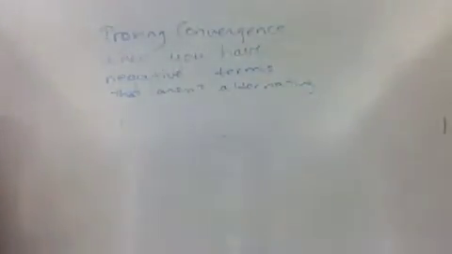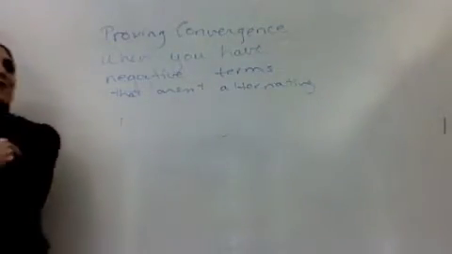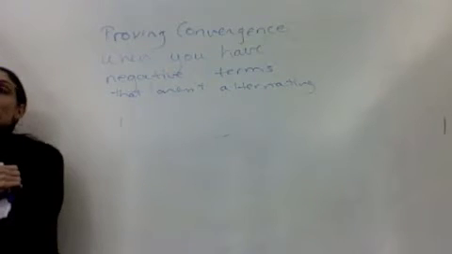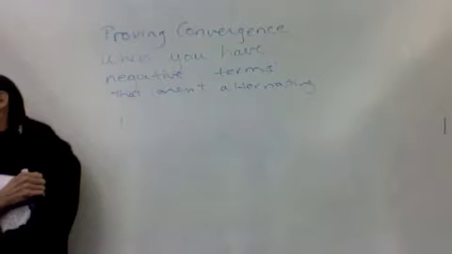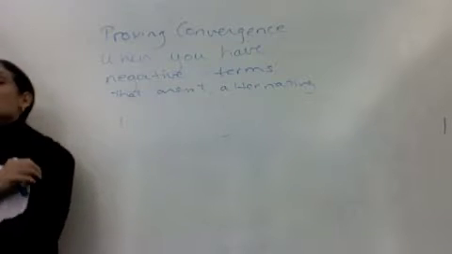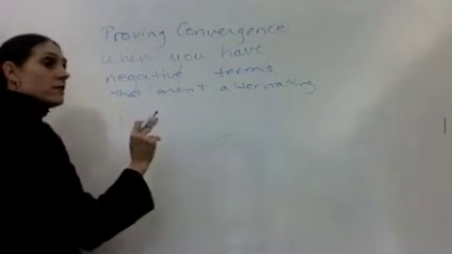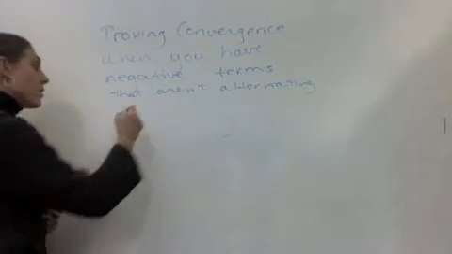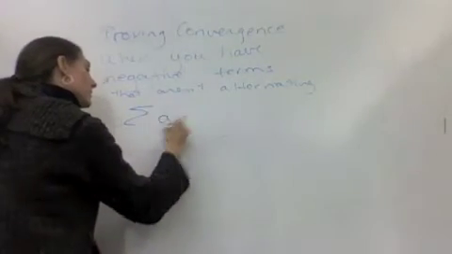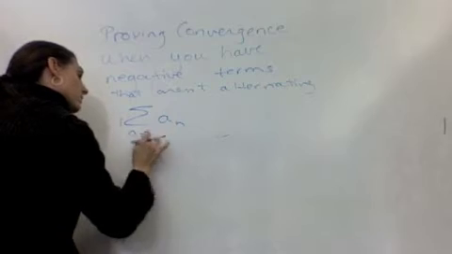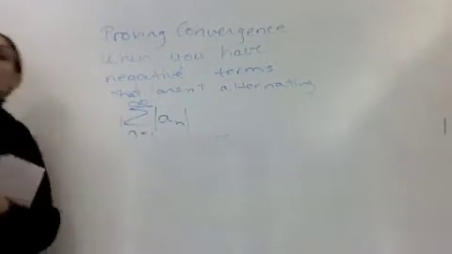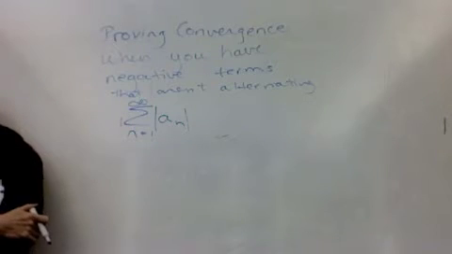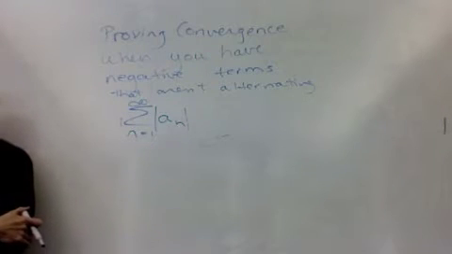So, here's the cool thing. You guys ready for this? You can use all the tests you've learned, limit comparison, ratio test, root test, for the series from n equals 1 to infinity by proving the absolute value of the general term.